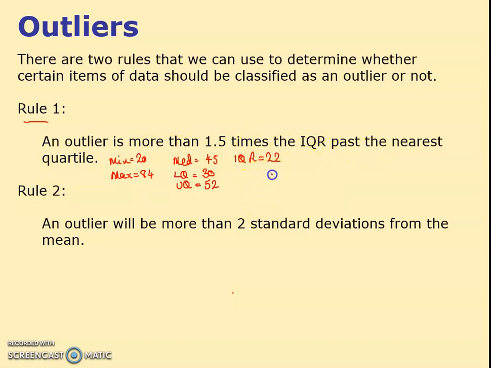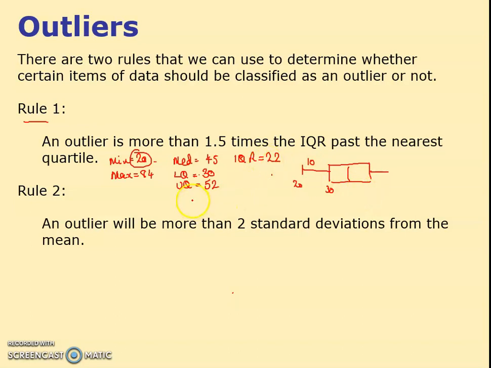So by that I mean I've got my nearest quartile, my 20 is possibly a problem. So I say to myself, how far is 20 away from 30? If I draw a picture of this, this is a standard looking box plot, which I'm making up. My lowest value is 20 and my lower quartile is at 30. So you can see that's 10 away.